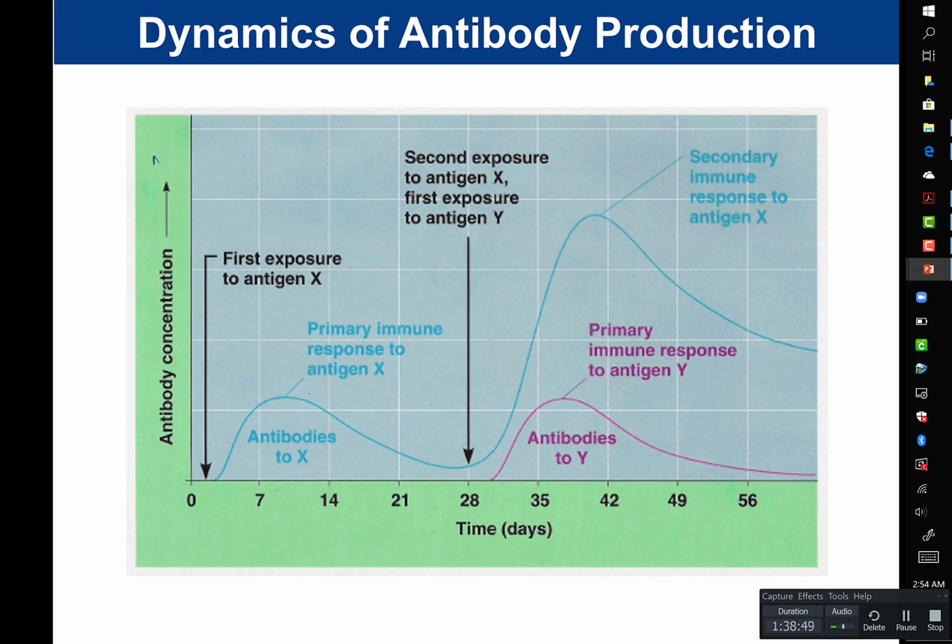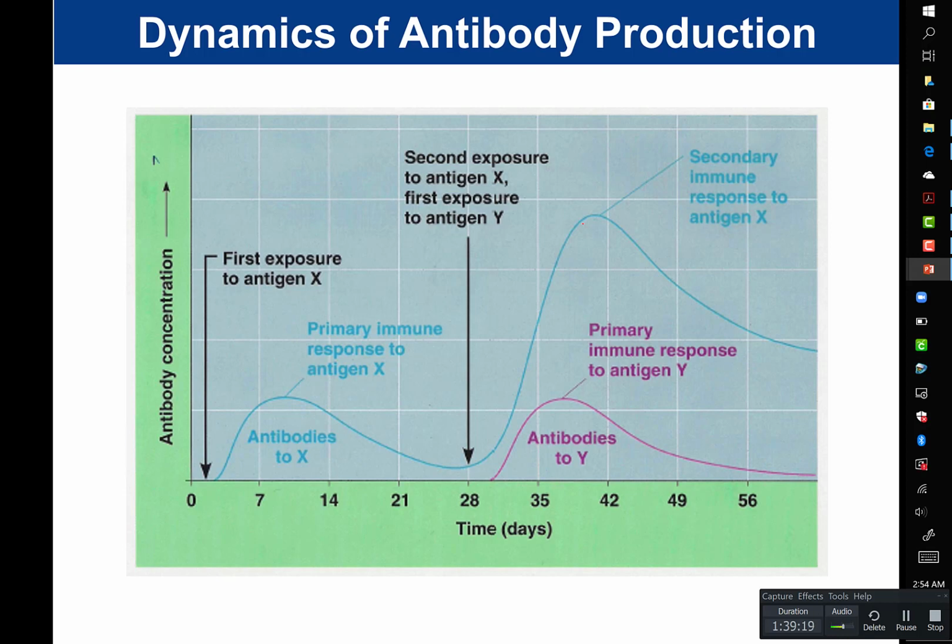And then once we have fought off the foreign invader, the concentration of the antibodies is going to decrease, but those memory cells are going to persist. And if you get a second exposure to this antigen, notice that the immune response happens much faster and the amount of antibodies produced is much, much higher, and therefore you're not going to see the symptoms of the disease.